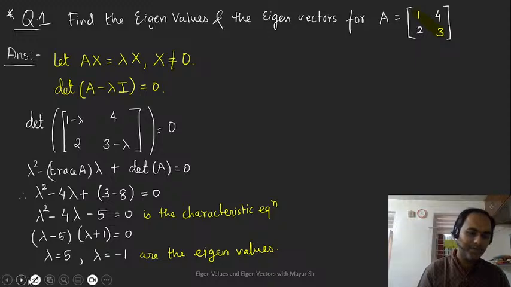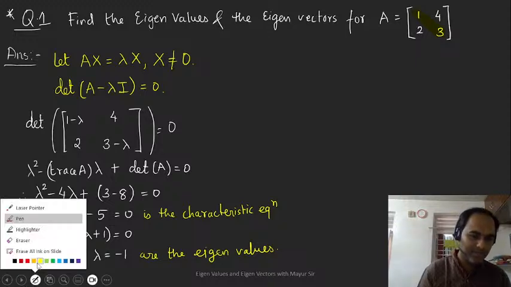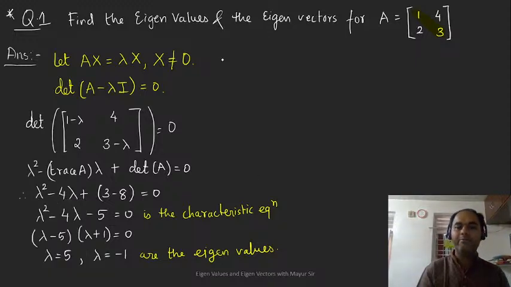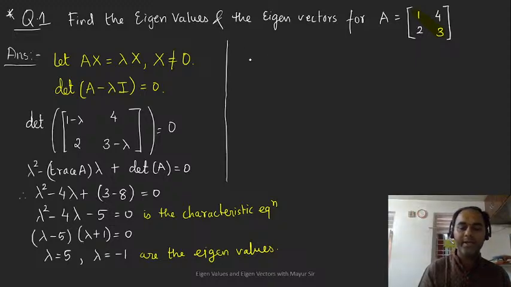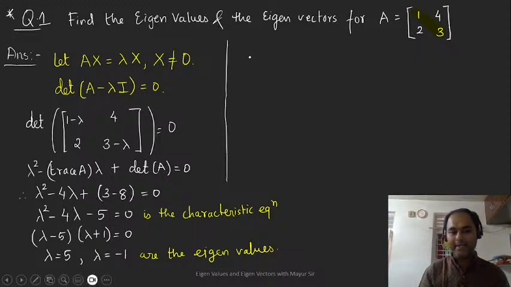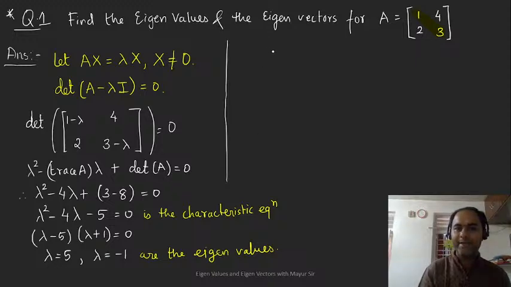The most important thing that comes now is that we have to find the eigenvector for each of the eigenvalues. Now we use the theory that we had written. Whenever we find the eigenvalue, the first thing we do is label them.